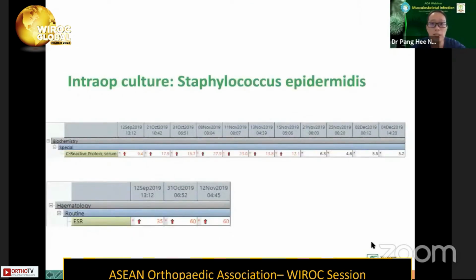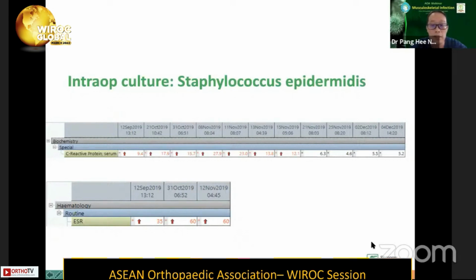Intraoperative culture grew Staphylococcus epidermidis. Okay, so this is from deep tissue culture. It's important to send many tissue samples for cultures. Right? And with antibiotic therapy, the CRP managed to normalize, but the ESR remained elevated.